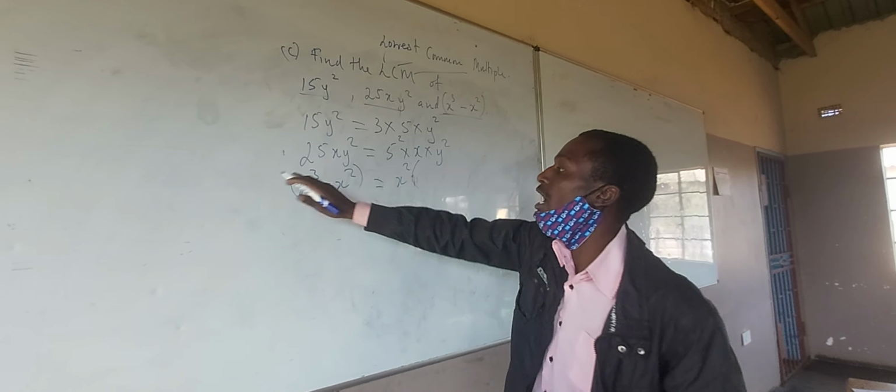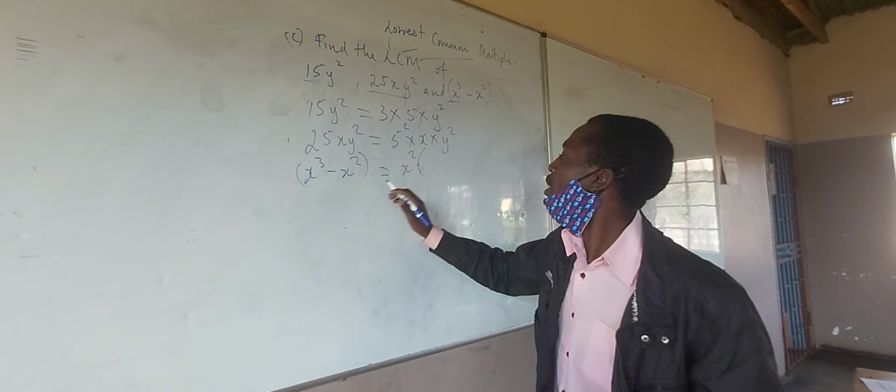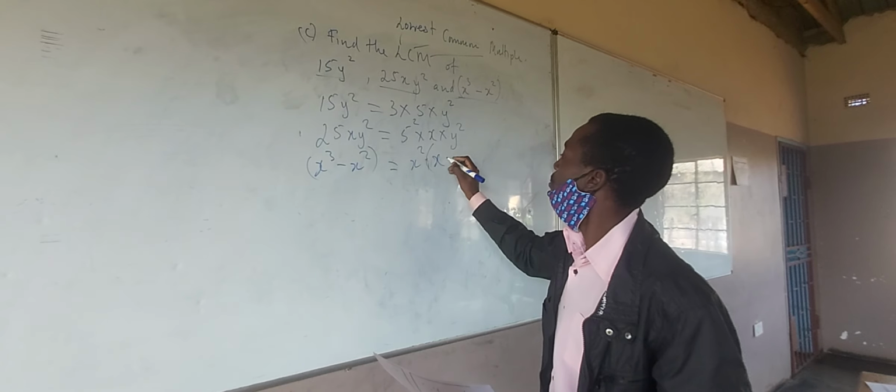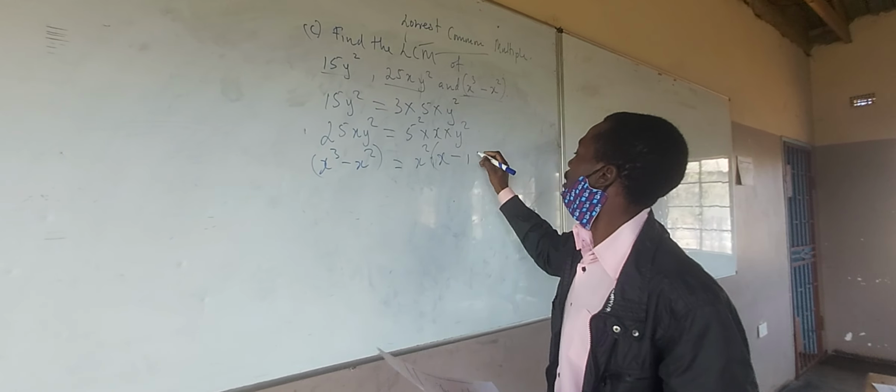If we factor out x squared, we come up with x minus 1.